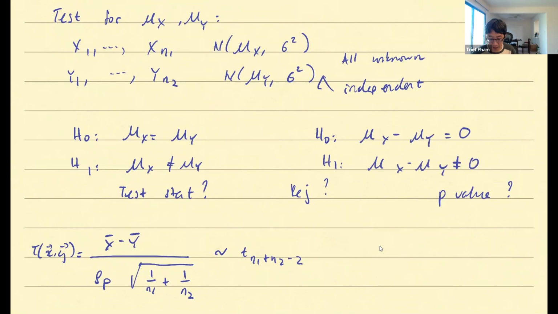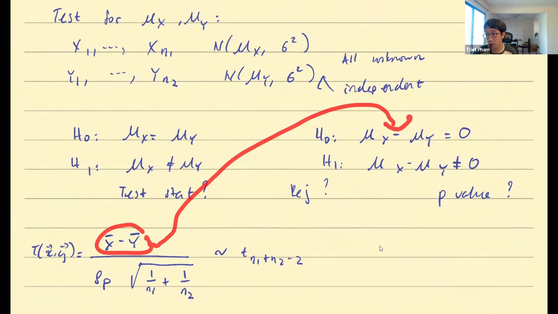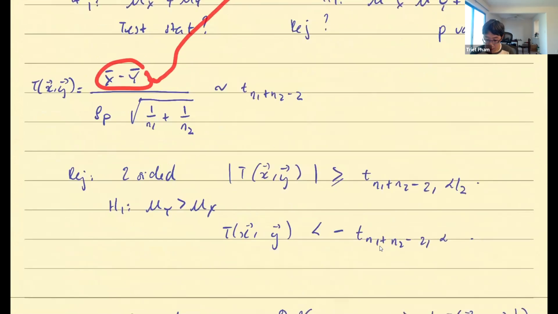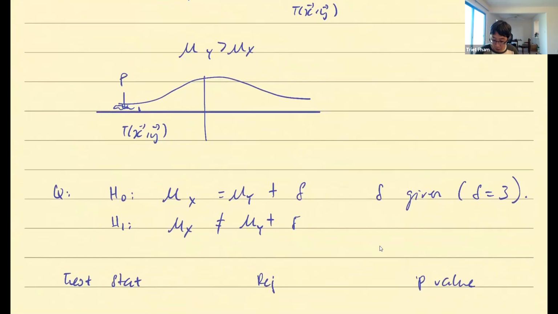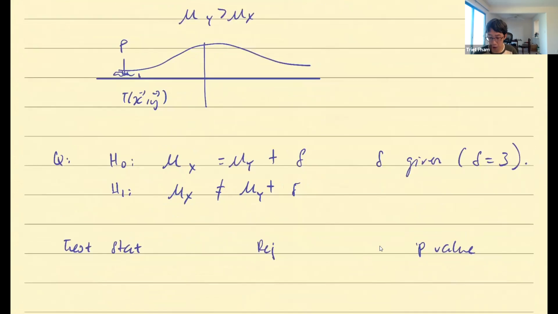Even though it sounds like a test on two samples, which it is, the parameter is actually one parameter, on the difference of the means. So that's why x bar minus y bar is the guy, because it is the estimator for mu x minus mu y. So you throw in a delta, that doesn't change anything.